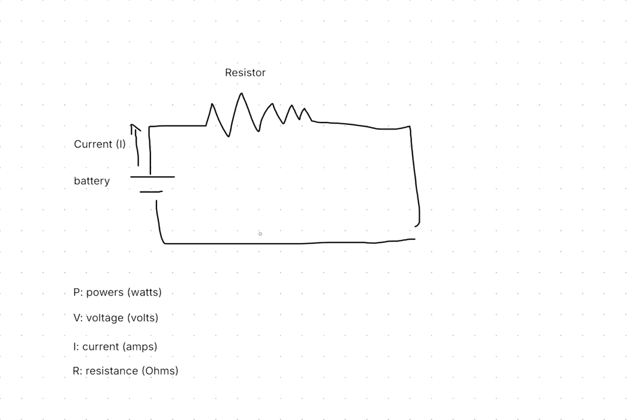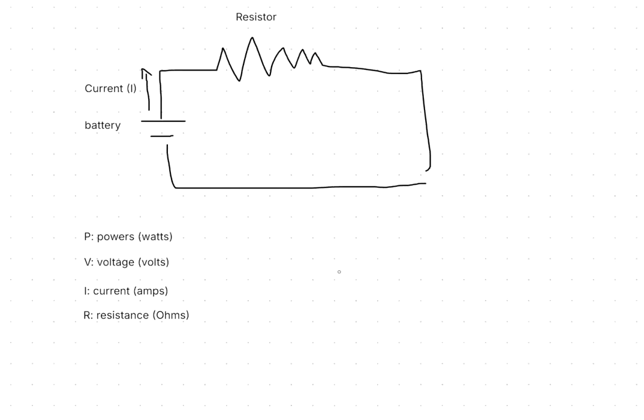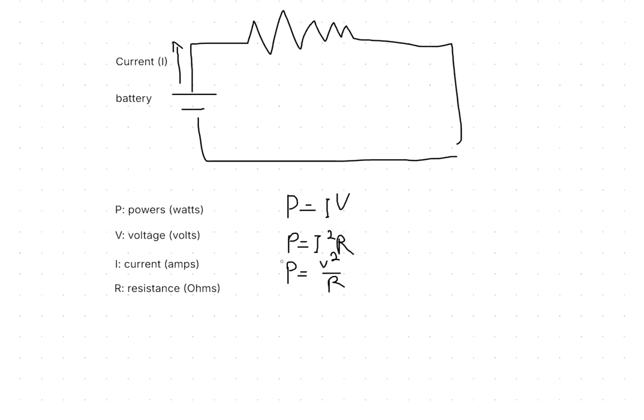Depending on what information the problem gives us, we can use either P equals the current times the voltage, so P equals IV, or P equals the current squared times the resistance, so P equals I squared R. Or we could use P equals the voltage squared over the resistance, so P equals V squared over R. So we can test out each option one by one to see what happens to each one.